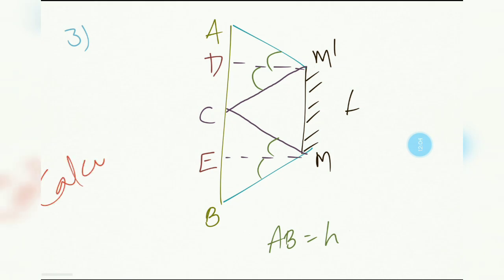Now the third question is something in which you have to do calculations. So what do we have to calculate here? Let's see. Calculate the shortest height of a mirror in which a man can see his full length. For explaining this question, let me take one new slide. First, there is a man.